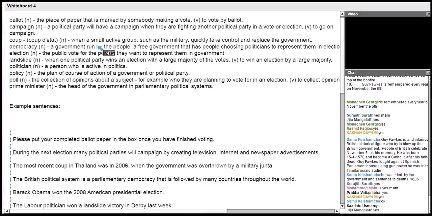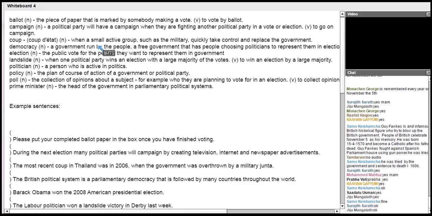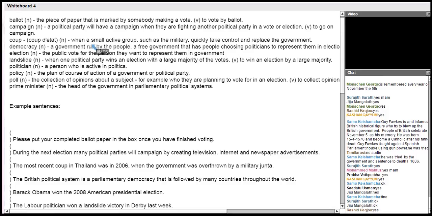When a small active group such as military quickly take control and replace the government. Fine?